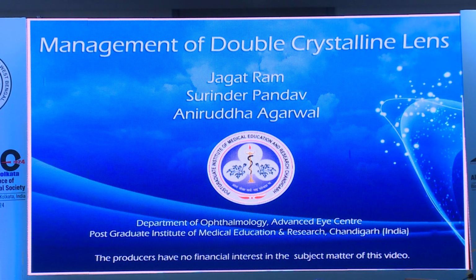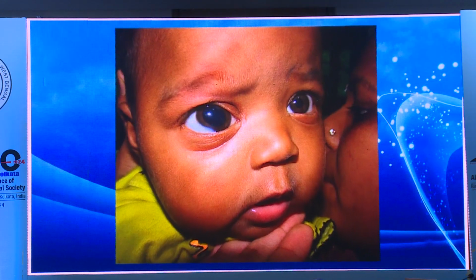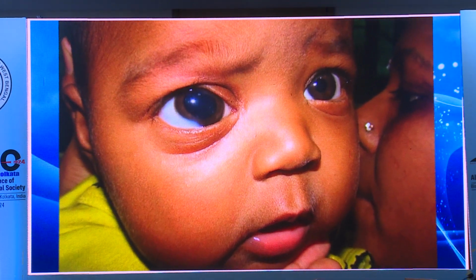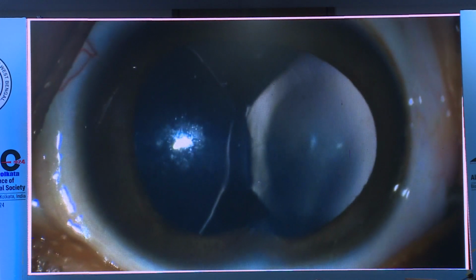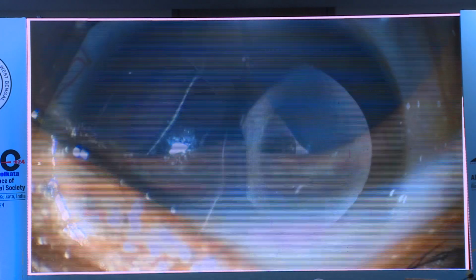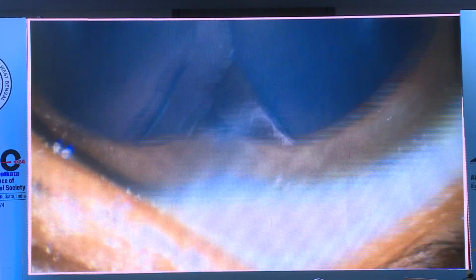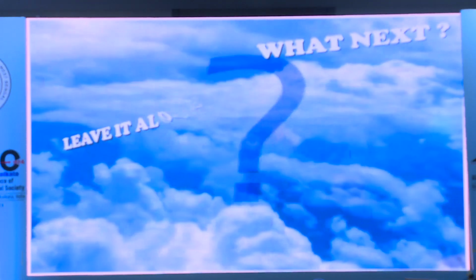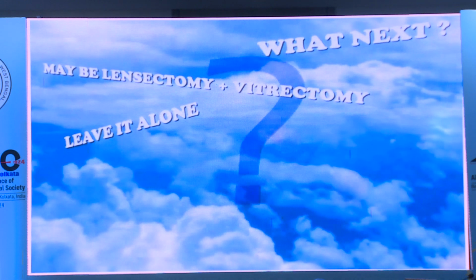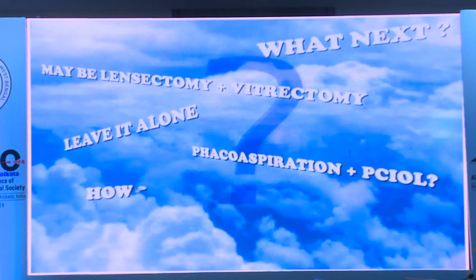This is again a very challenging situation, that is double crystalline lens in a child where the cornea was very big and there was a partition in the center, and on complete examination showed 2 crystalline lenses.